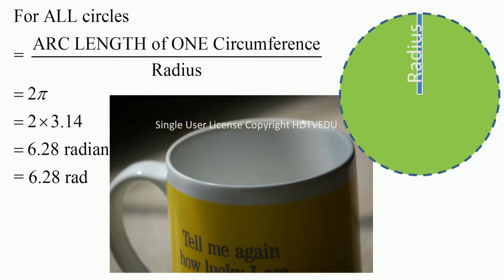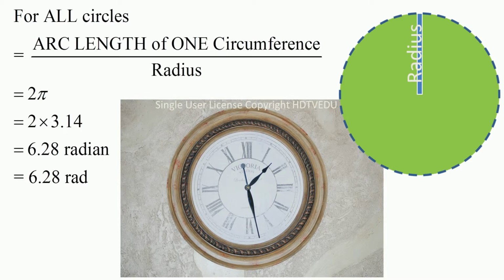Let us take a cup. Again, measure the circumference. Put a string around the cup. Measure that length, and that length divided by the radius is going to be 6.28. Here is another wall clock.